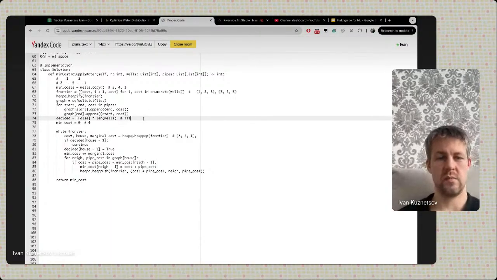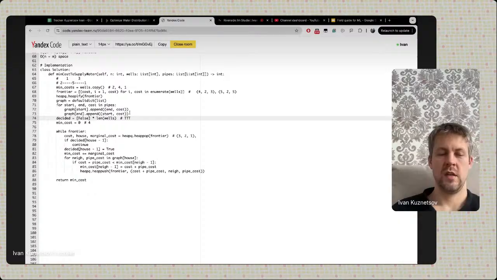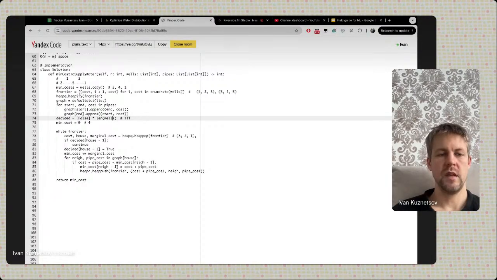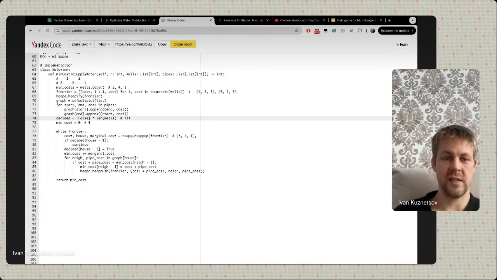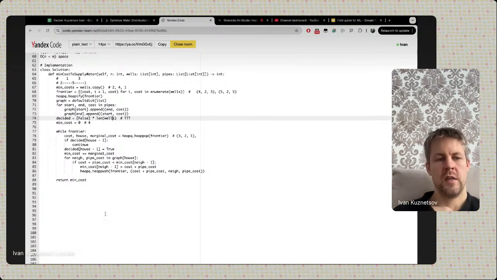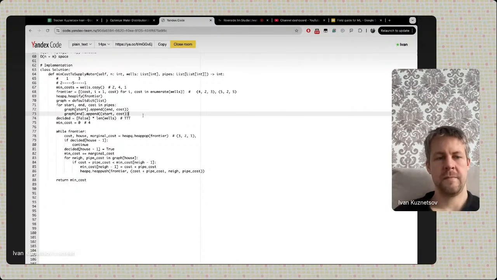So theoretically at this point we can also just improve our algorithm without actually improving it in terms of runtime. We can stop whenever all houses are decided, we can count the number of decided houses, but it will not change the running time.